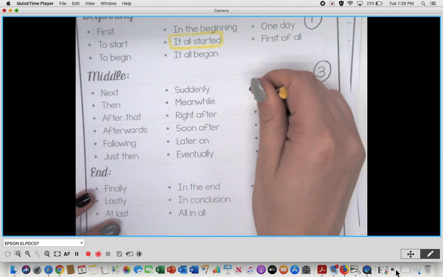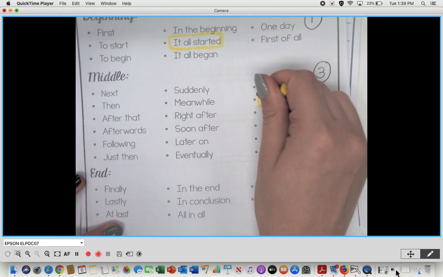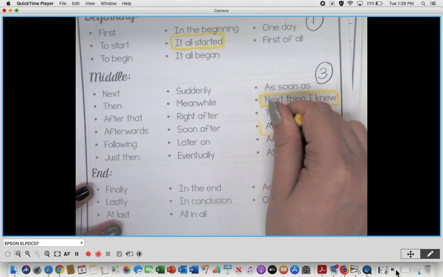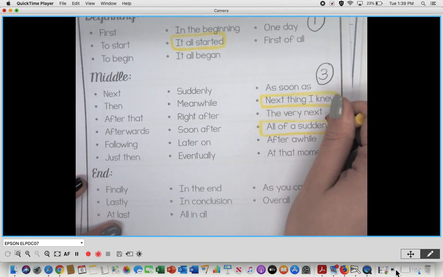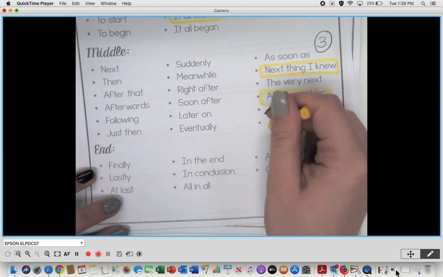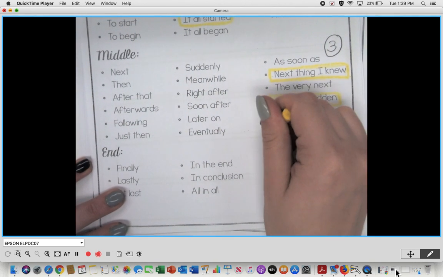Next thing I knew, all of a sudden, and after that moment.